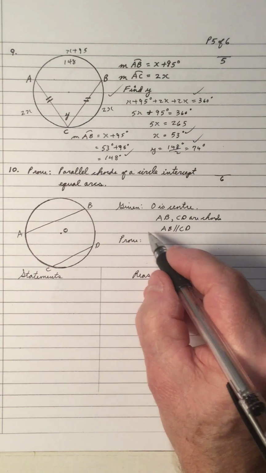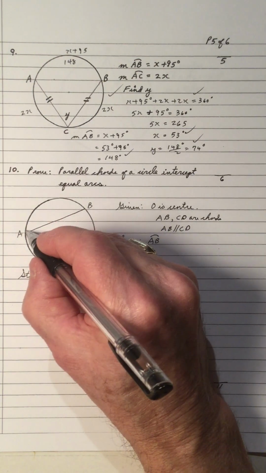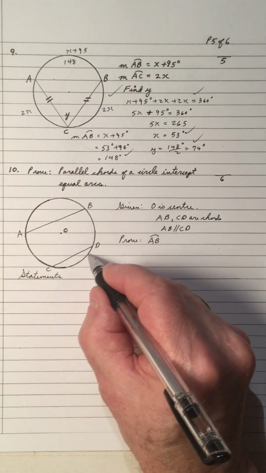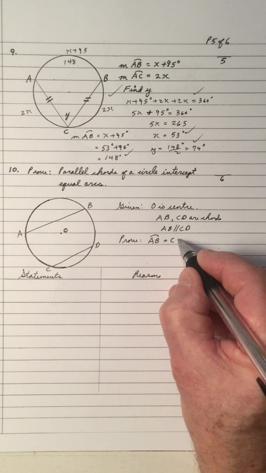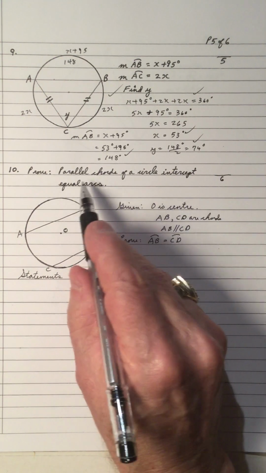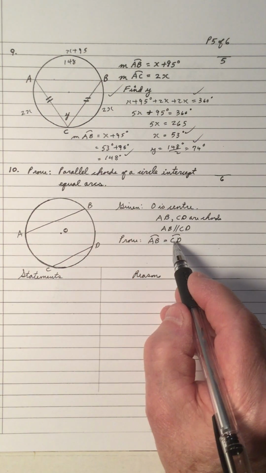So we have to prove that the arc AB, which is this one, is equal to this arc here, which is CD. This is the givens, and this is what we have to prove.